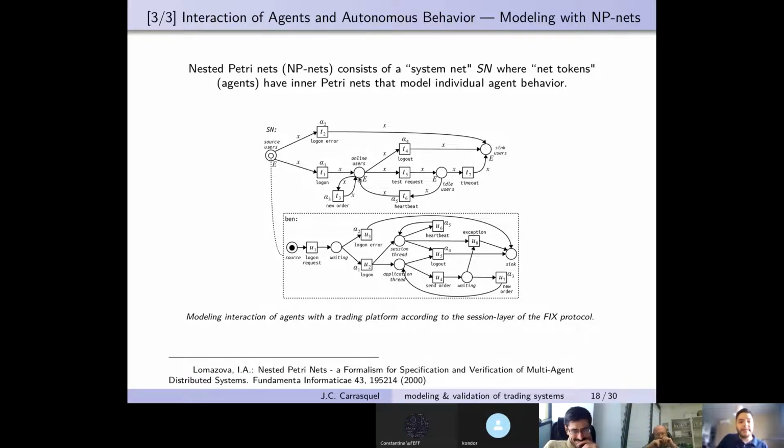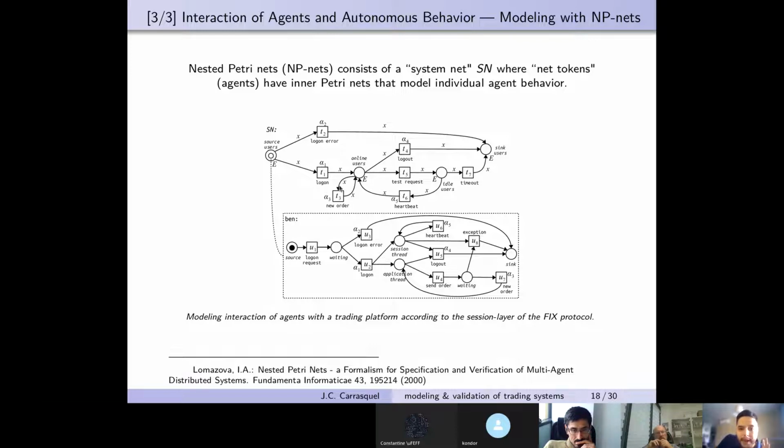These are the synchronous steps, where transitions in the system and in the agents are synchronized in such a way that when they fire, a change occurs in the markings of both the involved tokens and the system.